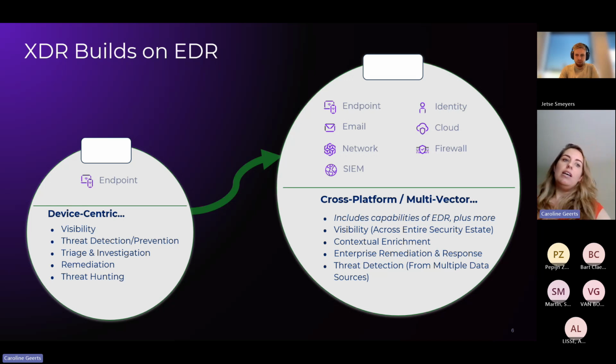Here we see the EDR circle, which is basically device-centric. If you speak about EDR, it's visibility on the device, threat detection on the device, triage, remediation, threat hunting, all related to the devices. With XDR, we open up the scope a little bit more to other sources, say applications in the cloud, the network, email, firewall, your SIEM.